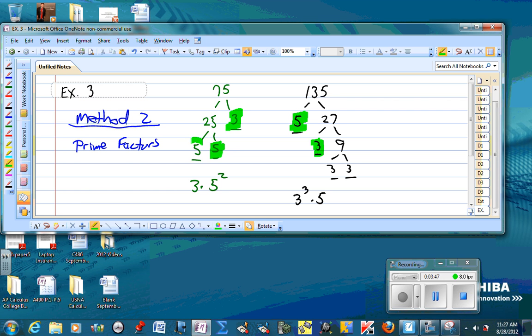Now, the other 5 we see in this list of 75 doesn't have any partners over here that haven't been accounted for already. And these 3s don't have any partners in the other list that haven't been accounted for already. So it looks like the only ones we have in common are 5 and 3. So we'll multiply these. 5 times 3 is 15. Same greatest common factor, different way to approach the problem.